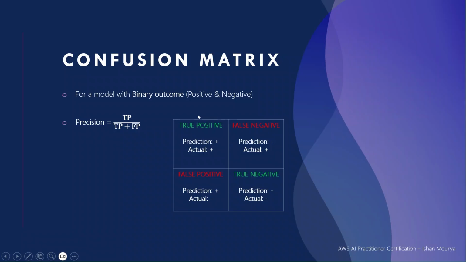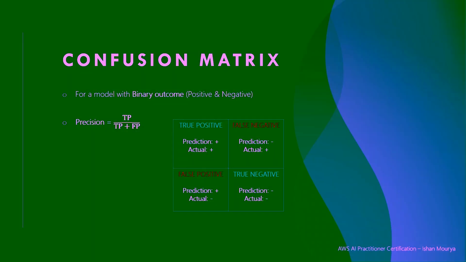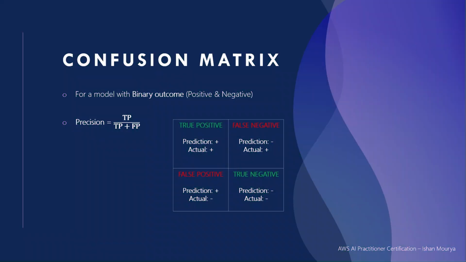The common thing in both cases is that the model predicted positive. So you can say it is the accuracy of positive predictions: out of all the positive predictions, how many were correctly identified? That's the precision.